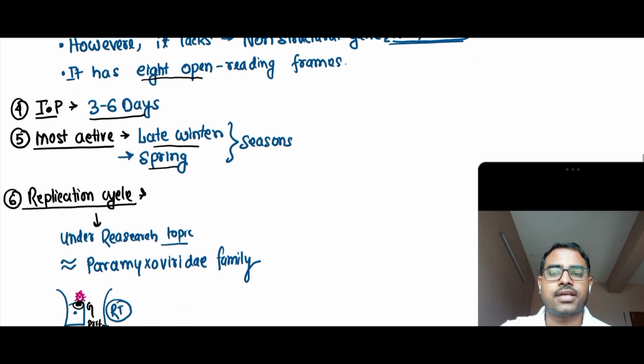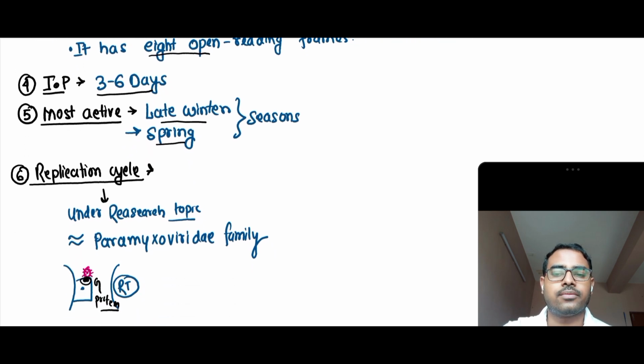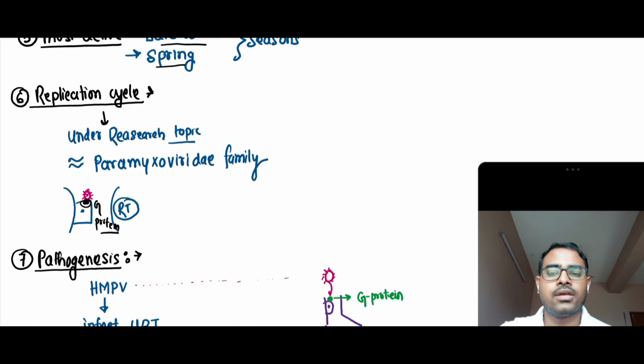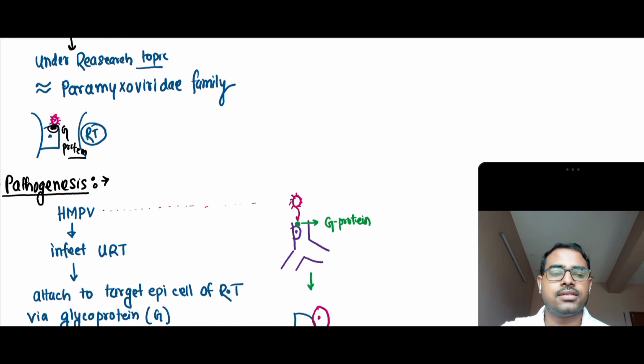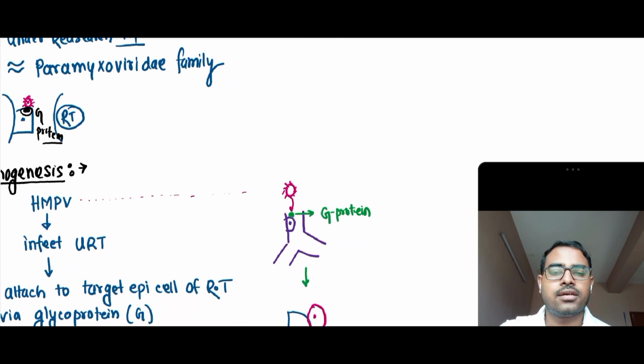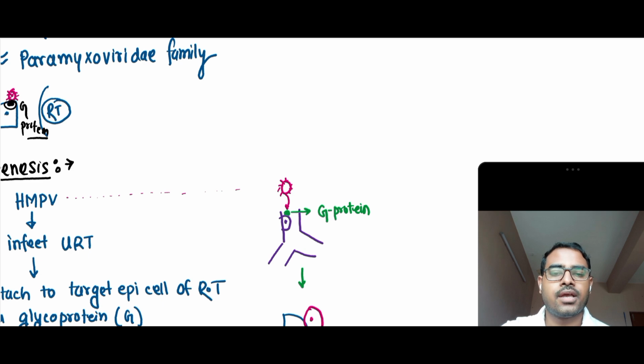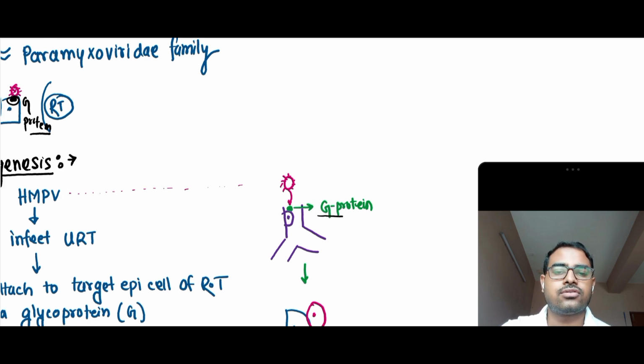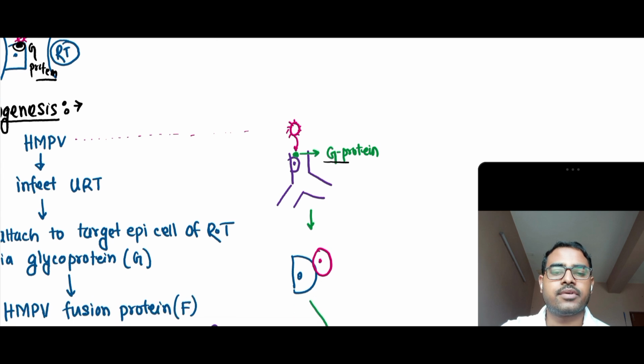The replication cycle is still a research topic. But what happens is that human metapneumovirus enters our body through the respiratory tract and attaches to the G protein on the respiratory epithelium.